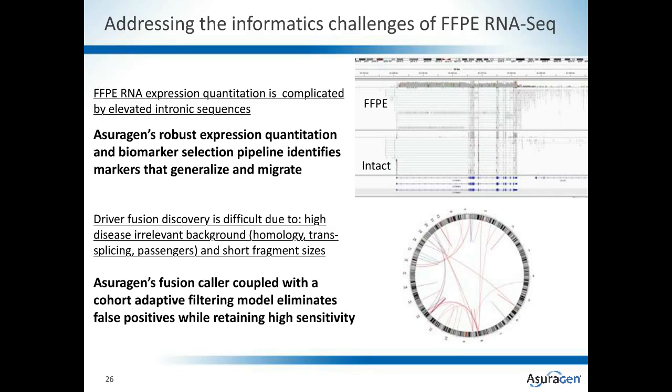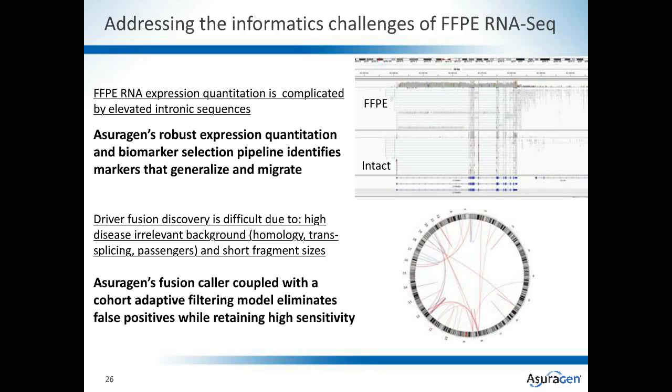A second challenge with FFPE RNAseq is the identification of driver fusions. Even outside of FFPE, the discovery of driver fusion events in cancer is a challenging problem due to the high disease-irrelevant background. This background is caused by several issues. First, we can have alignment error between two homologs that may look like a fusion but is actually a false positive.